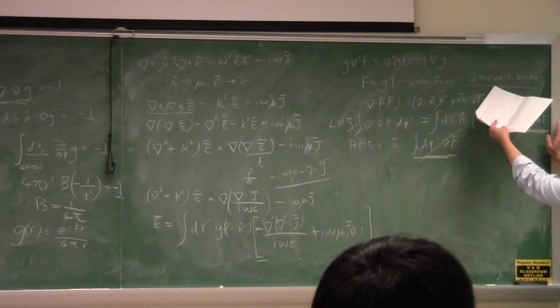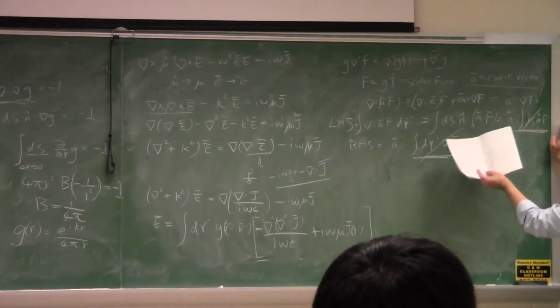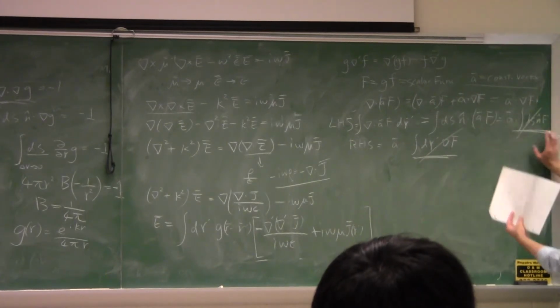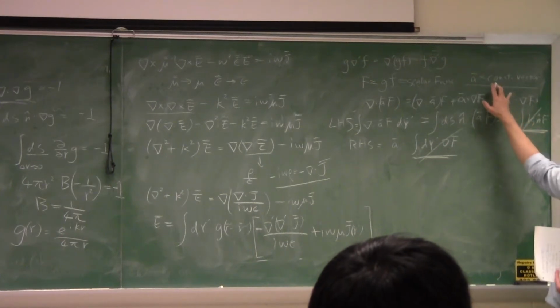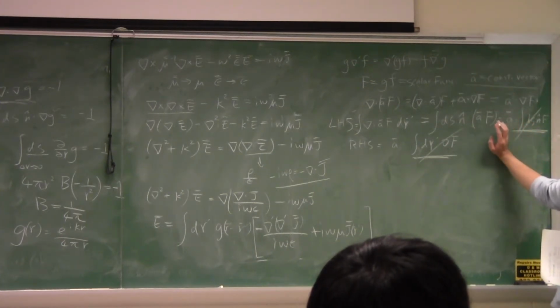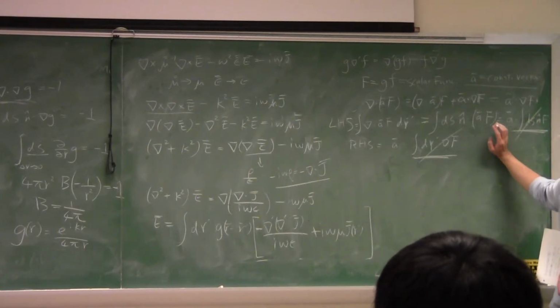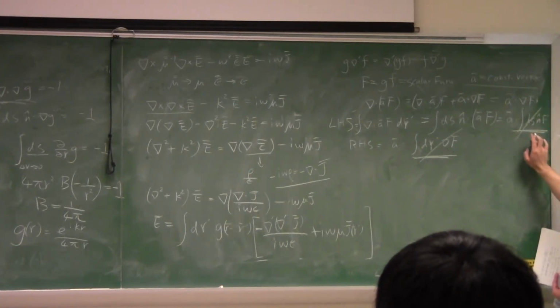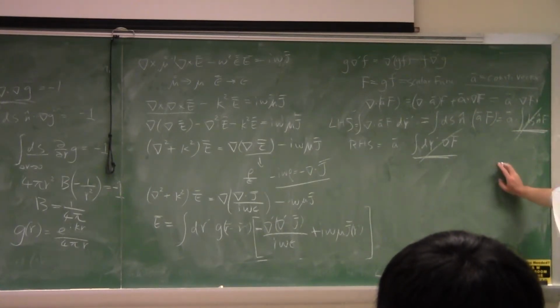I can always choose this kind of constant vector, and then I can prove that. This is just for proving this term. It doesn't have any physical meaning here. So, is that okay?